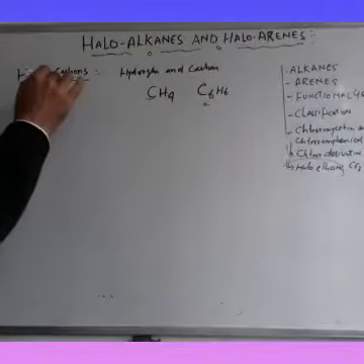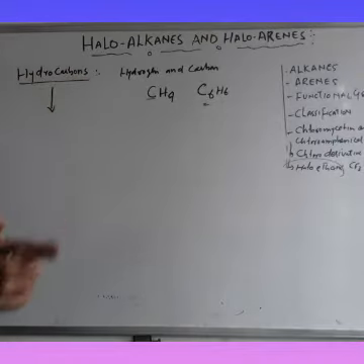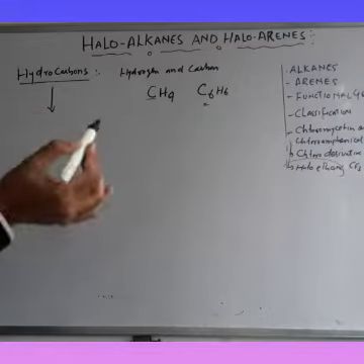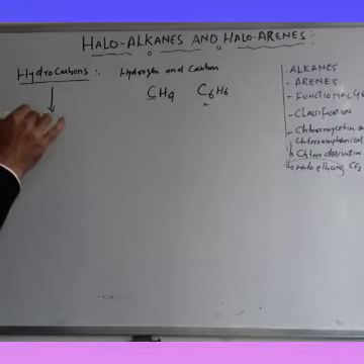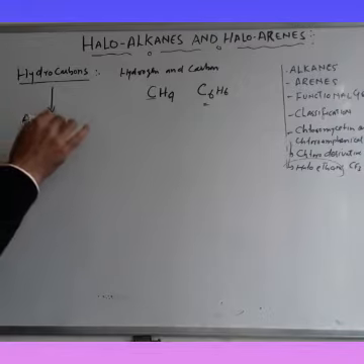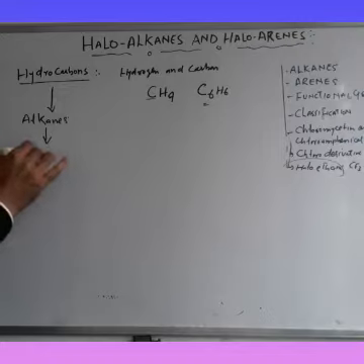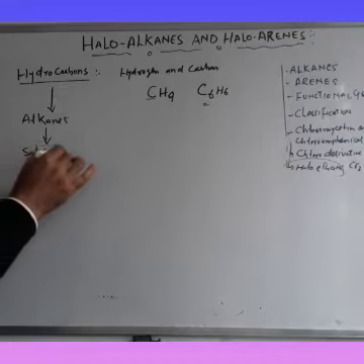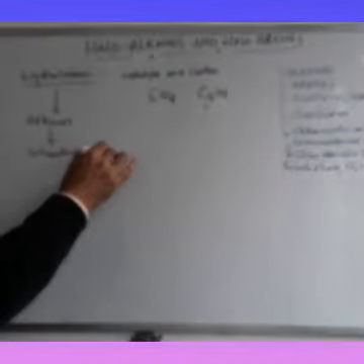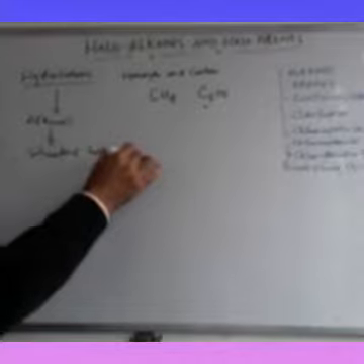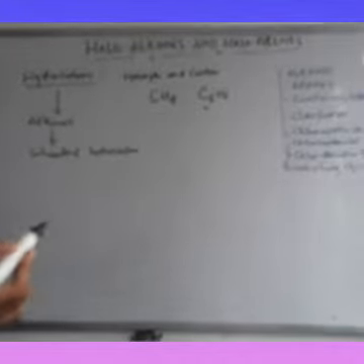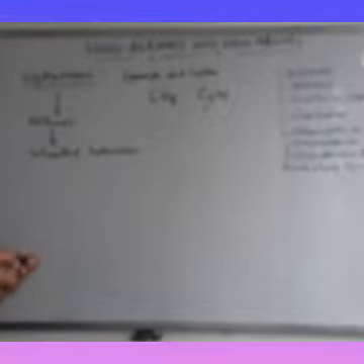हाइड्रोकार्बन्स में से हमारे पास बहुत सी classes हैं, but we have one class of compounds known as alkanes. These alkanes are actually saturated hydrocarbons, containing single bonds between carbon and carbon.